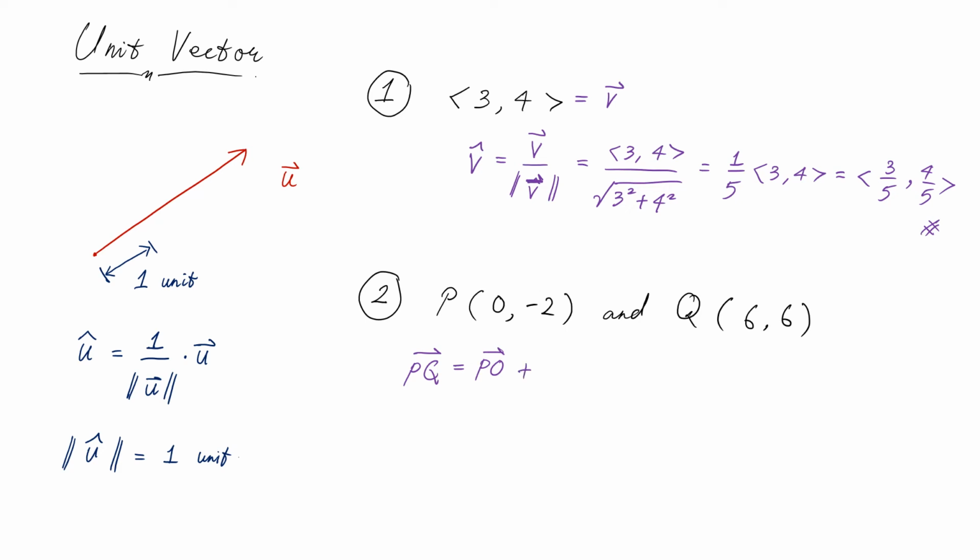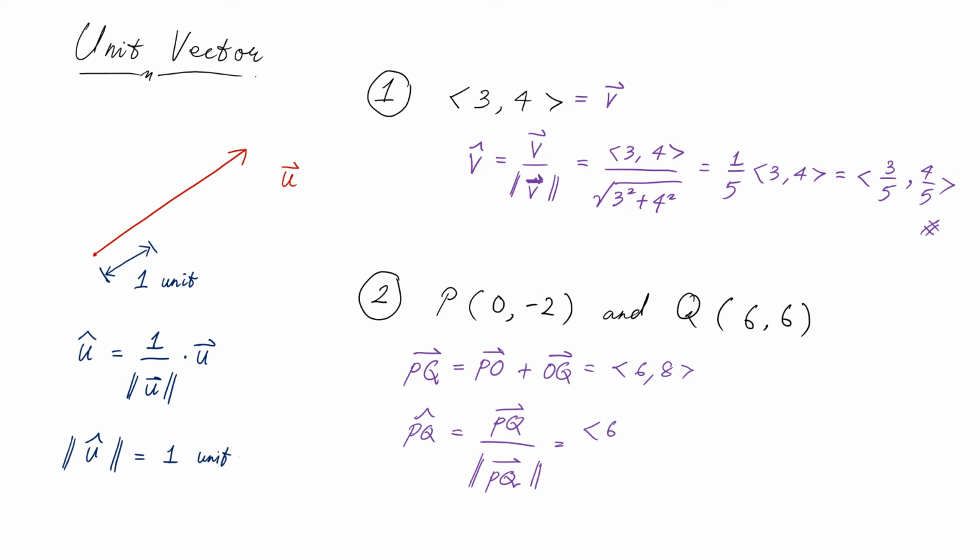So we will have PO plus OQ, and then we will be able to get the vector 6, 8 for PQ. Hence, the PQ hat will be given by the PQ vector divided by the norm of PQ.